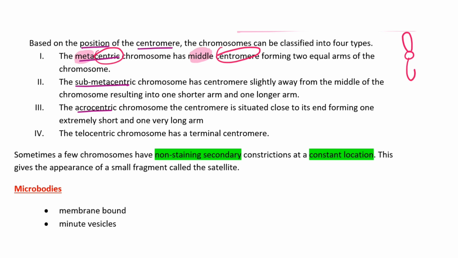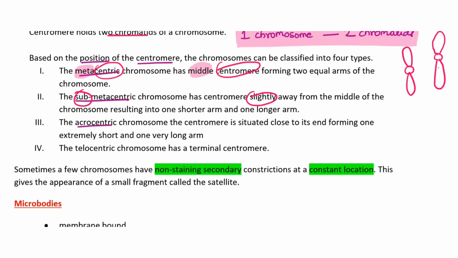Next comes the submetacentric. Sub means little, slightly away from the middle, resulting in one shorter and one longer arm. Next comes the acrocentric. Acrocentric means closer to the end.